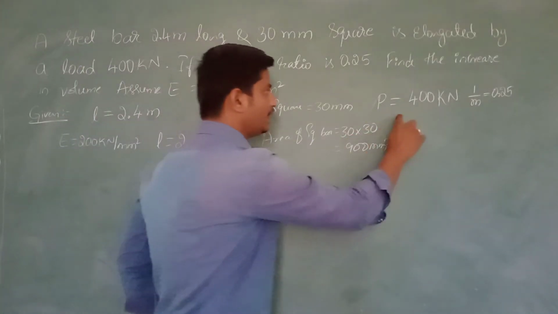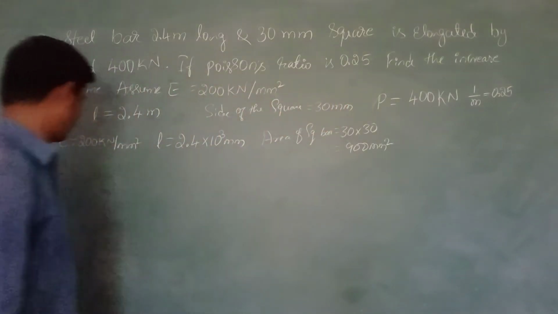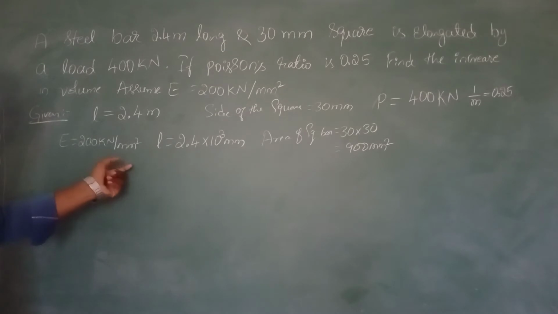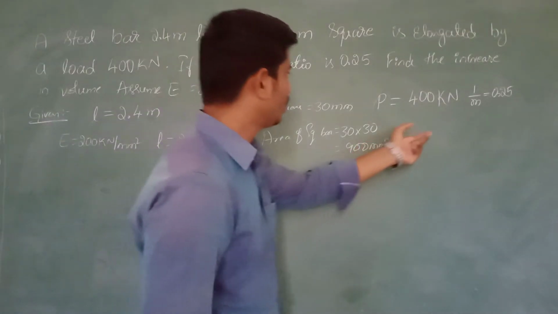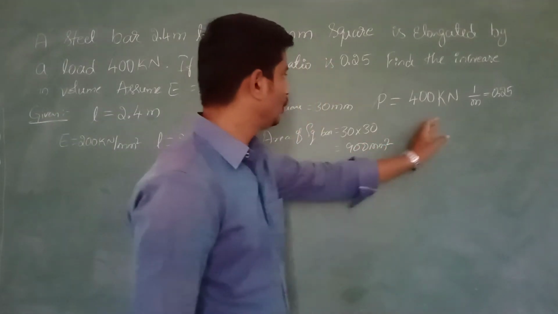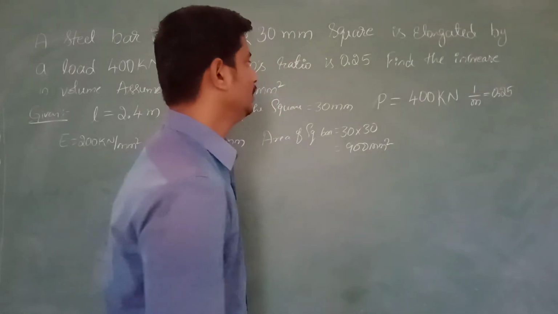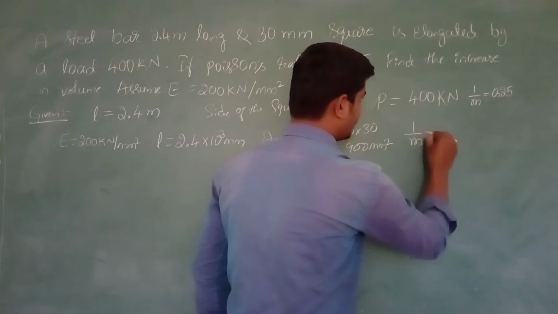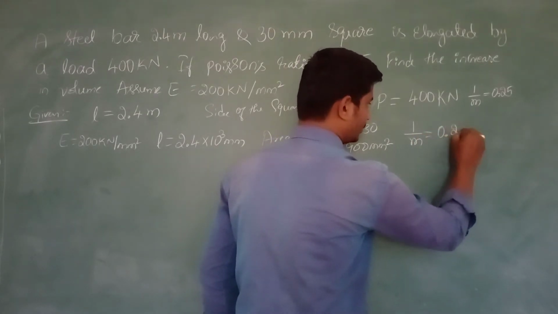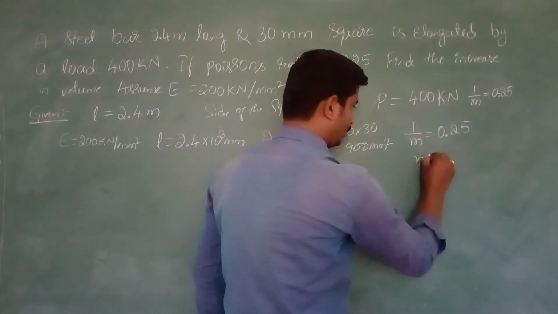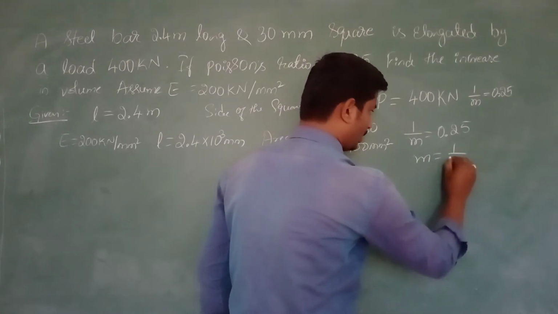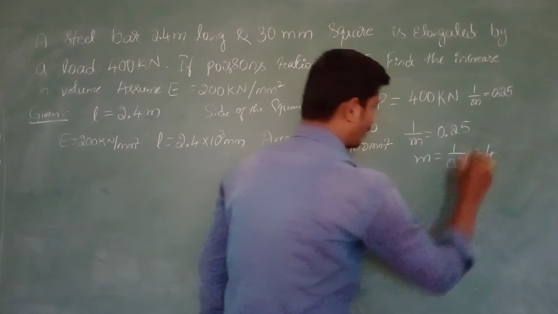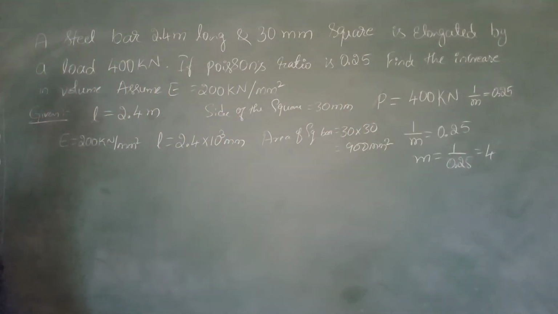P is given in terms of kilonewton, so for now we don't need to convert it. Next, Poisson's ratio 1 by m is equal to 0.25 is given, so m is equal to 1 divided by 0.25, which is 4. The value of m is 4.